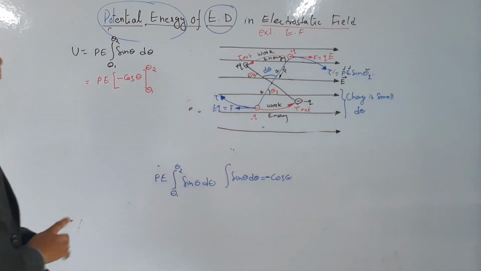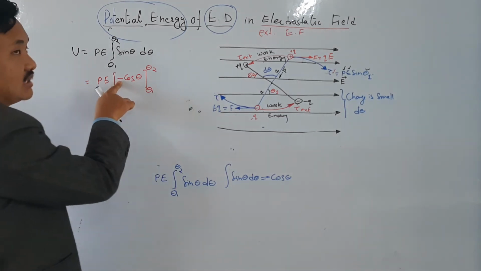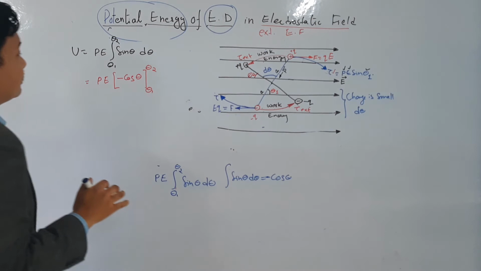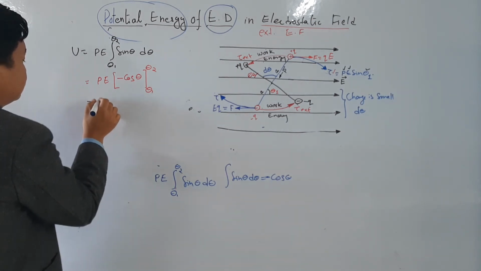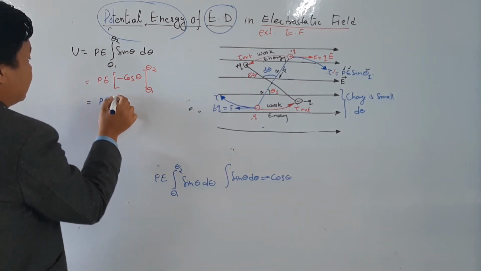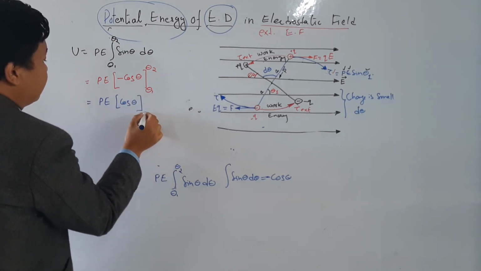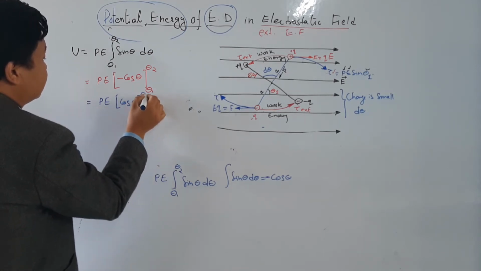Right? Now I got a negative sign. So I will write PE cos theta from theta 2 to theta 1.